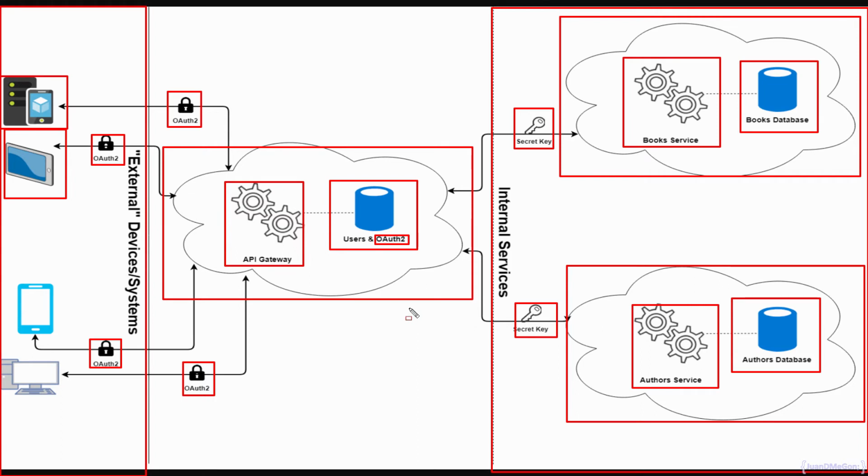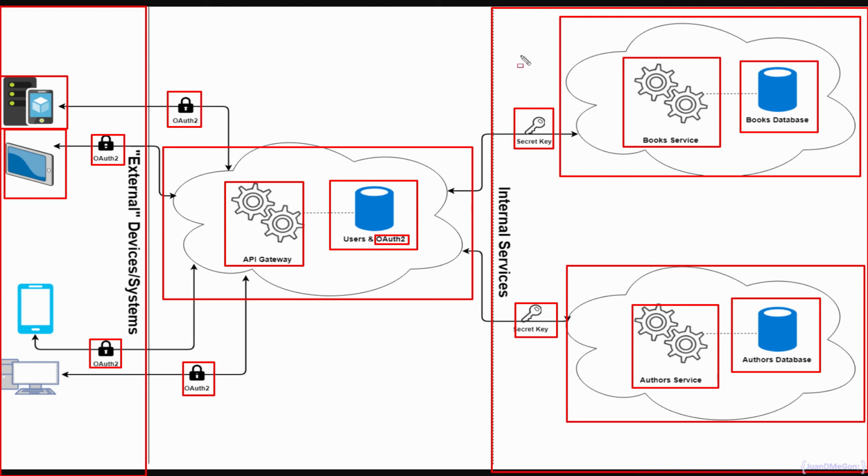We are going to go class by class, step by step, to start implementing the author service, then the book service, and finally the API gateway to centralize the interaction and the communication between those services, and especially implement the security layer to provide access only through correctly authenticated systems using OAuth 2.